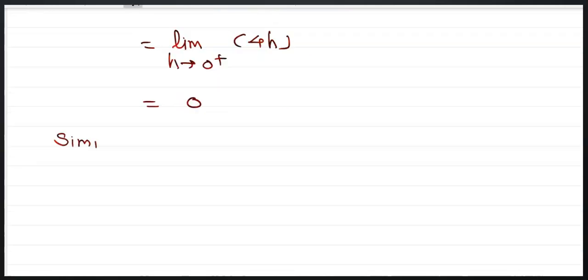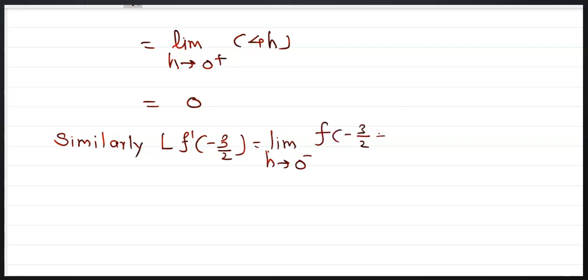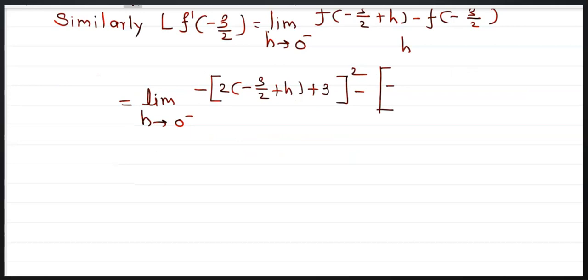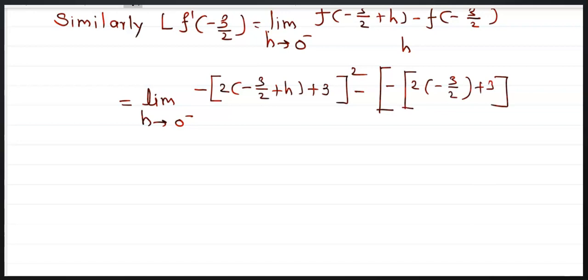Similarly, left hand side differentiation at minus 3 by 2: limit h tends to 0, f of minus 3 by 2 plus h minus f of minus 3 by 2 upon h, limit h tends to 0, minus in bracket 2 in bracket minus 3 by 2 plus h plus 3 brackets square, minus in bracket minus 2 in bracket minus 3 by 2 plus 3 brackets square, upon h.